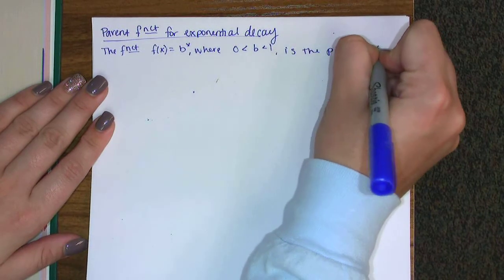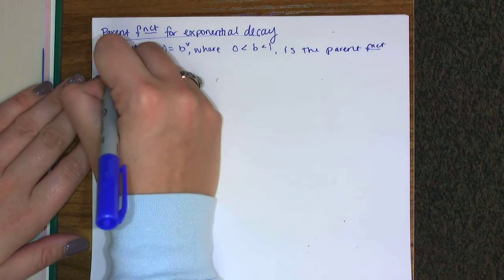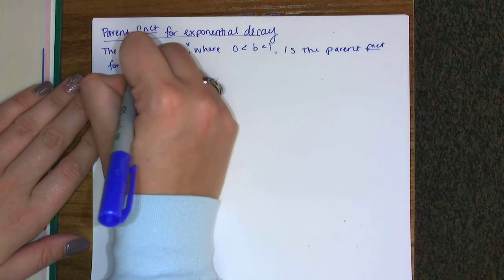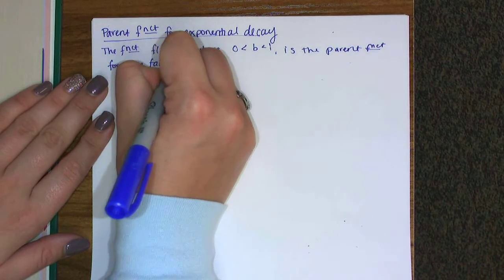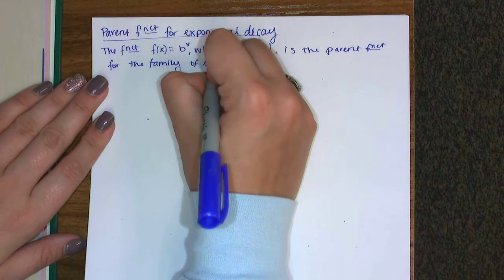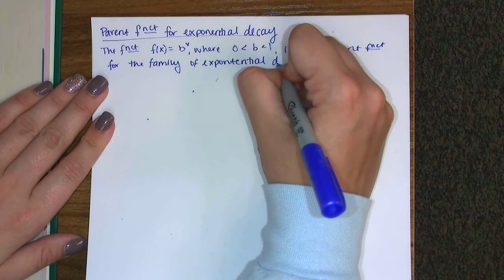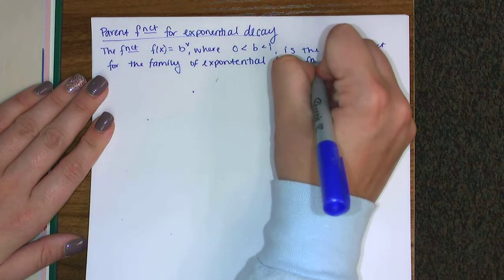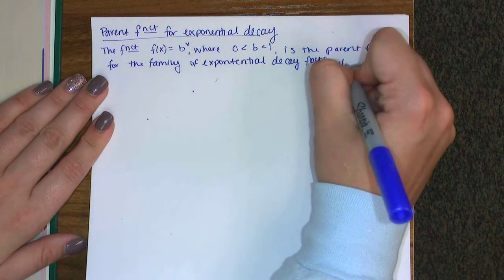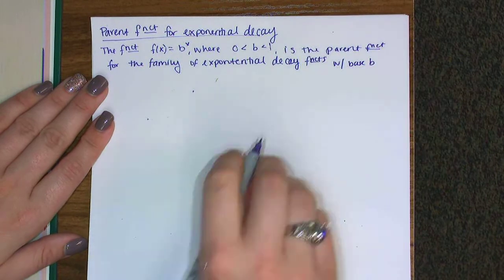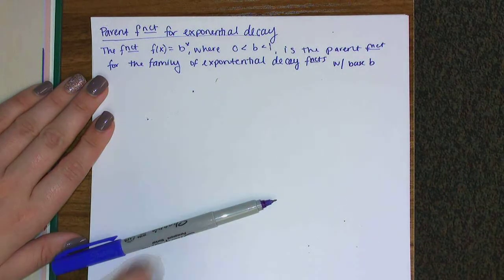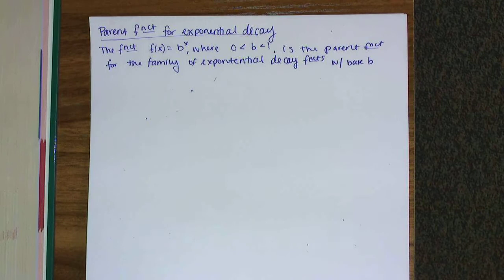And we're going to look at the general shape of the graph. Okay, again, it's going to pretty much look the same. It's just flipped. So we still have our graph coming through like this. This is still an asymptote.